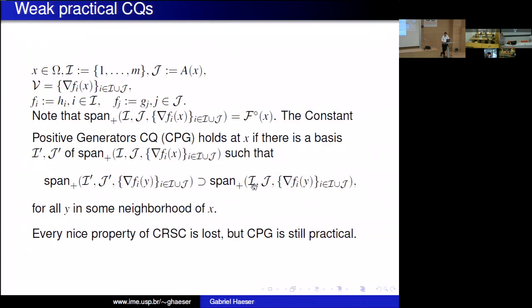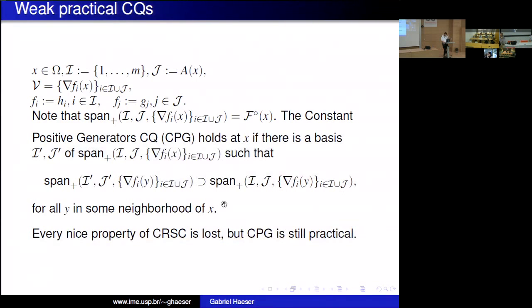But for the constraint qualification to hold, what you need, in fact, is that when you move to a neighborhood, you must be able to generate all the original cone moved to this point y. They should not be equal, but this must contain the correct cone, for all y in some neighborhood of x.